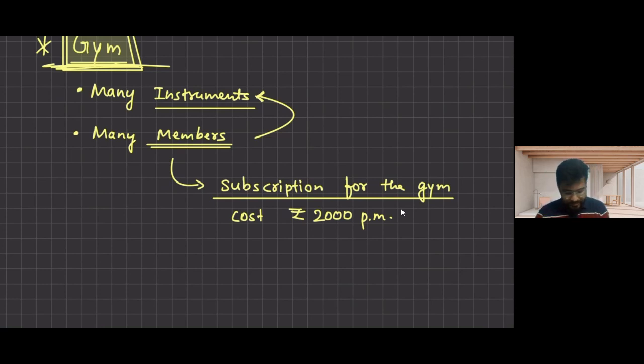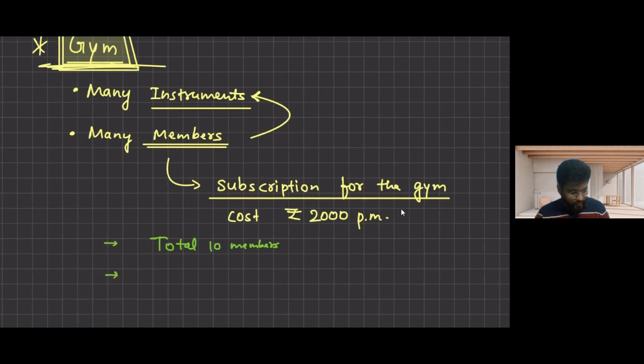Now, if I say there are a total of 10 members in the gym, just 10 members, can you tell me what would be the per month income from subscription of the gym?